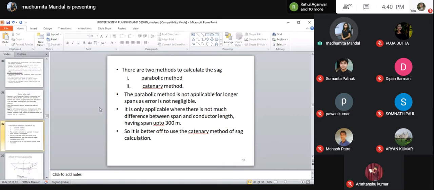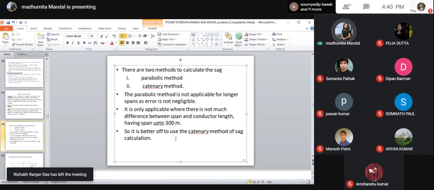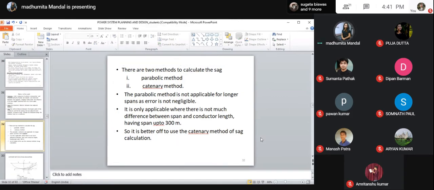It is only applicable where there is not much difference between the span and the conductor length, with span up to 300 meters. So the parabolic method is used where the span length is less than 300 meters and the difference between conductor length and span length is not much. Otherwise, it is better to use the catenary method of sag calculation.